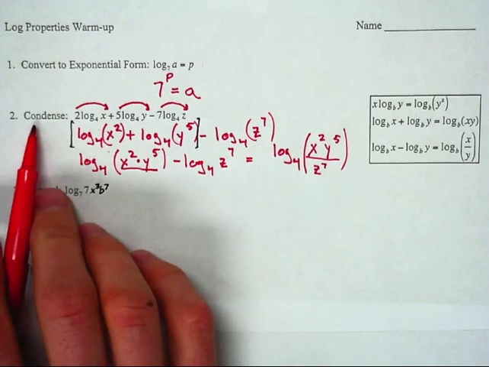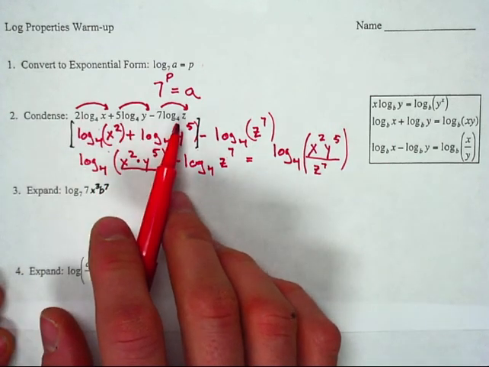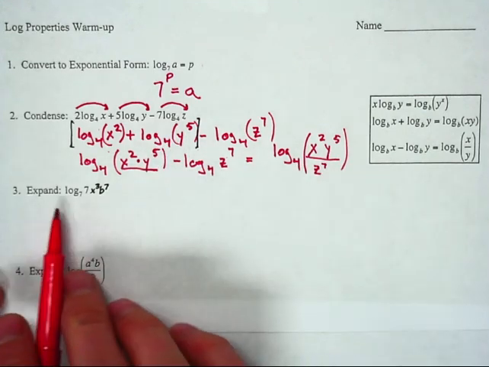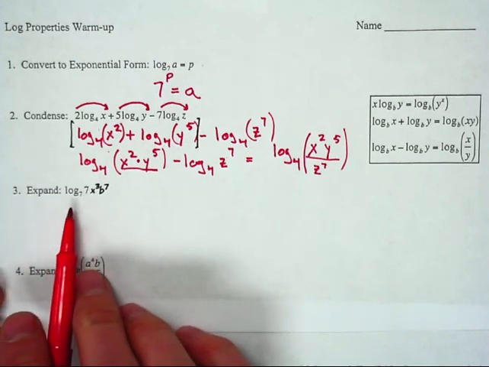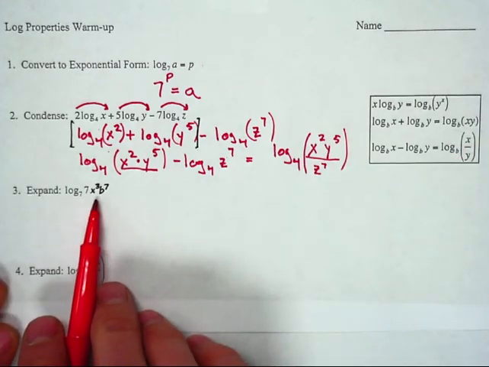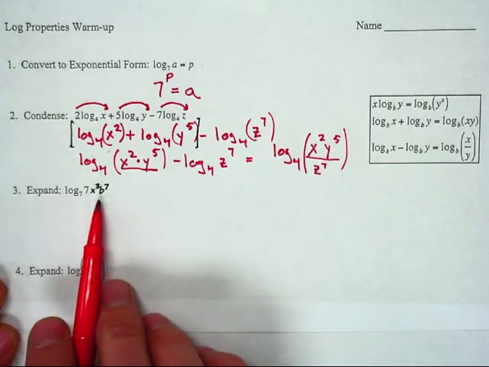So we have condensed a logarithm expression with 3 different log terms into one term. Here we do the opposite, where we expand. So we have one logarithm. We want to write this as many logarithms as possible. You want to apply all of these properties all the way down, so you're going to work in reverse order of what we just did. We don't have any division. We do have multiplication though.